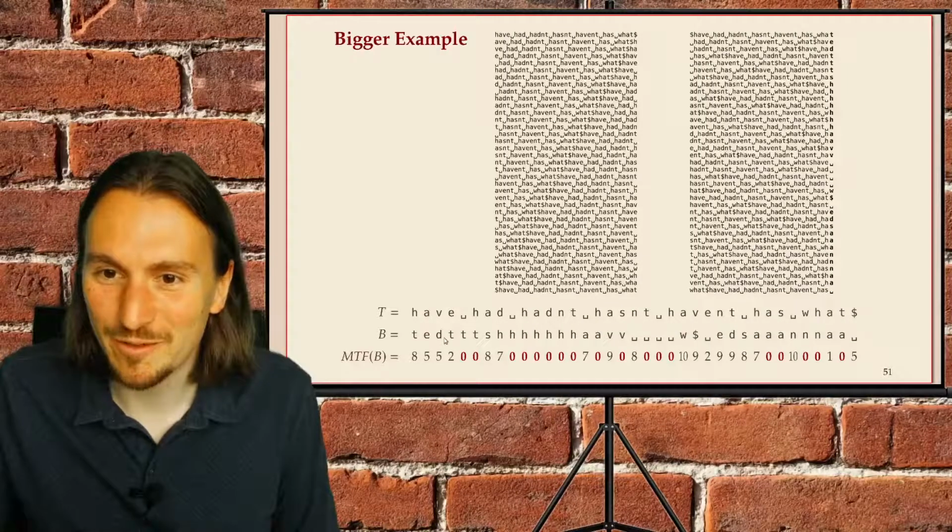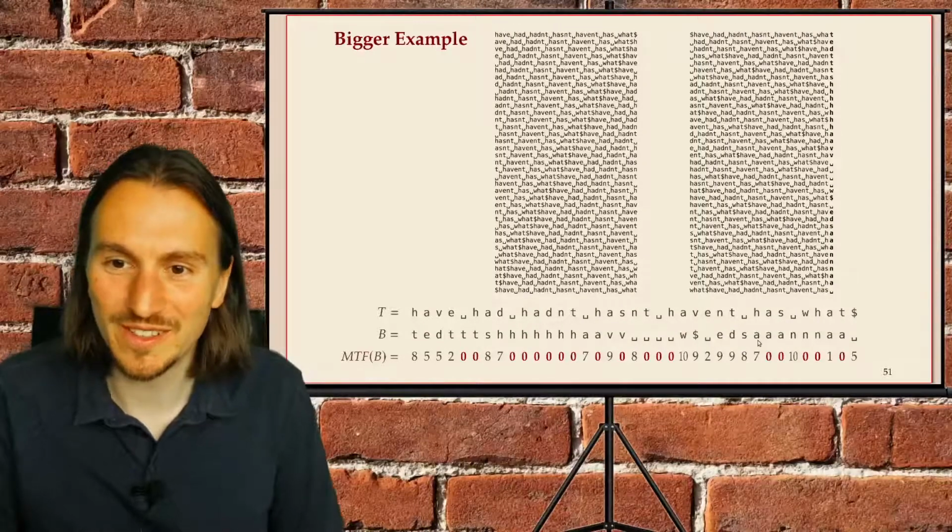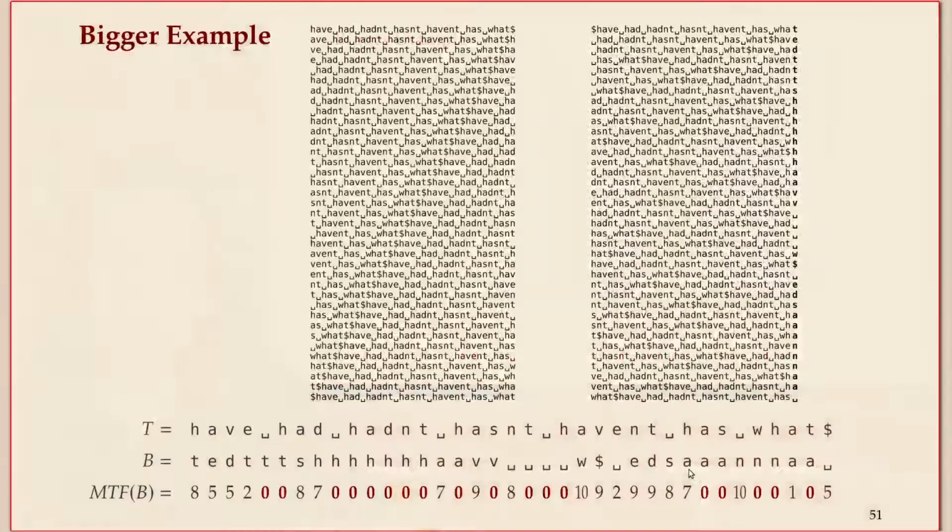And if you look at the BWT, you find there's a lot of characters that are repeated. And if you then apply the move to front transform on the BWT, let's remember what bzip does, then you find a lot of zeros in the move to front transform of the BWT.